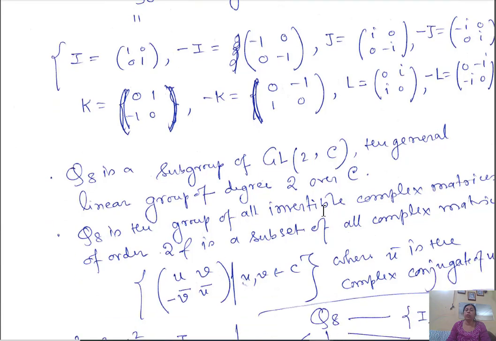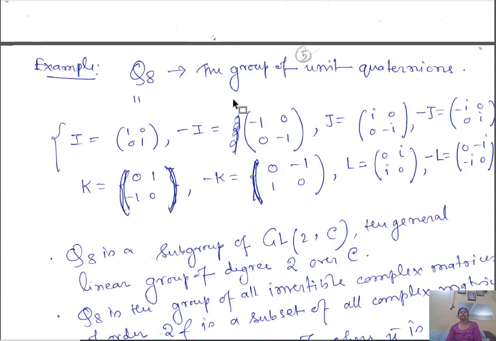It is a subset of all complex matrices with entries u, v, minus v bar, u bar, where u and v are complex numbers and u bar is the conjugate of u.